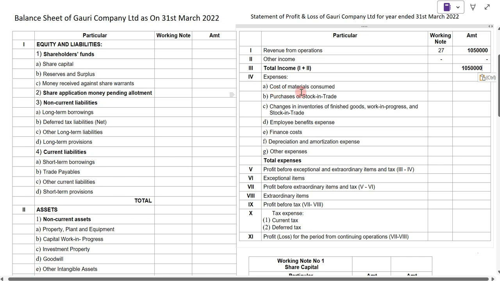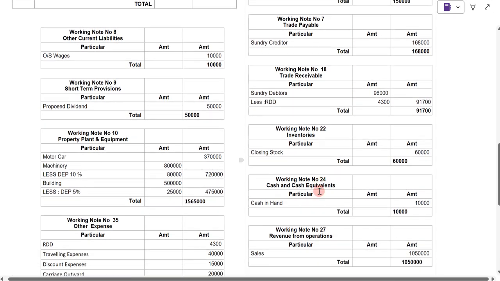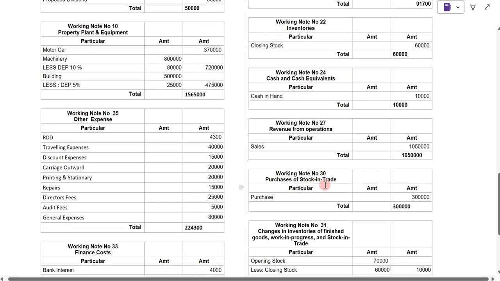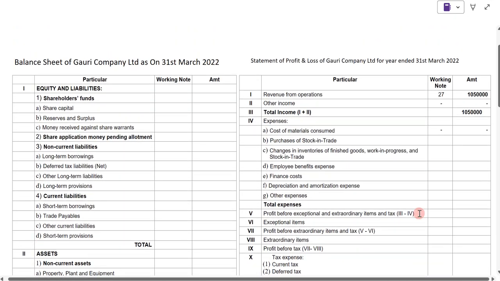Now cost of material consumed, there is none, so leave it blank. Purchase of stock in trade. What is the note number? Note number 30. What is the total of purchase of stock in trade? 3 lakhs. So write here 3 lakhs, note number 30.